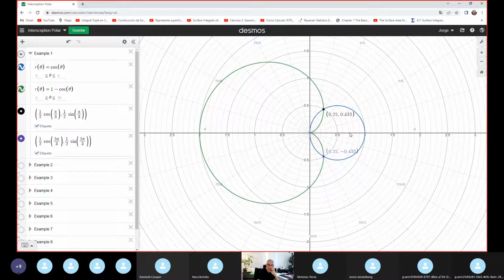And radical 3 over 4, well, you know, is 0.433. It's an irrational number. Super clear? Cardioid and circle, two figures in polar. Okay, nice. The intersections are 2 points that we did by hand, and we verify in decimals.